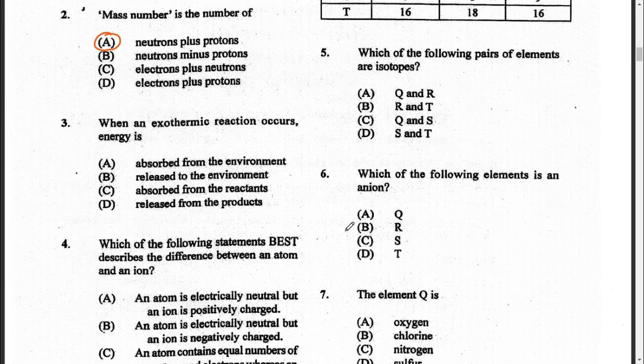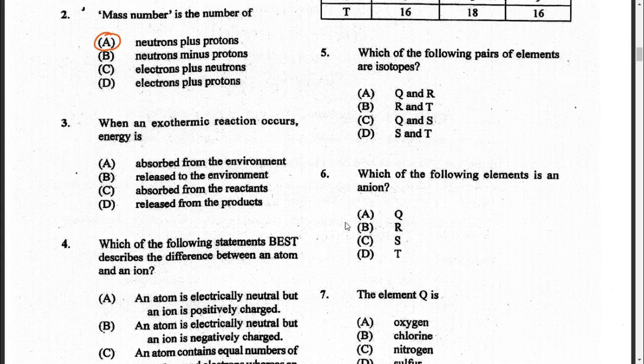If you place the reaction system with the beaker on your palms, you'll feel the heat coming off from the beaker and it would feel hot. So it means that heat is given off to the environment. Okay? So it is B, release heat to the environment.